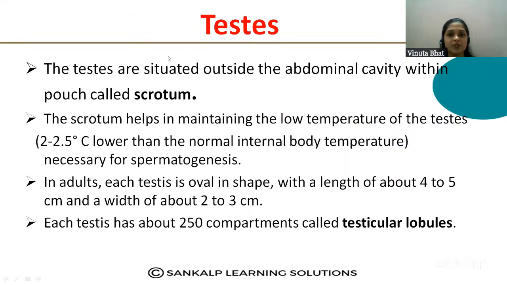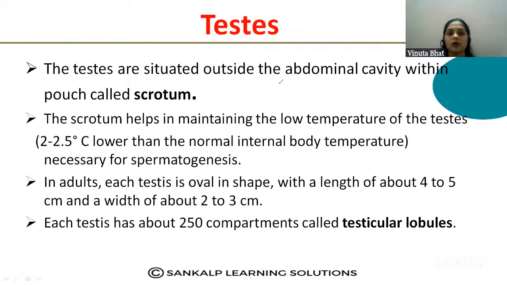So why are the testes located inside the scrotum? Because the scrotum helps in maintaining the low temperature of the testes. Inside the scrotum there is a lower temperature, less than our body temperature, by about 2 to 2.5 degrees Celsius.